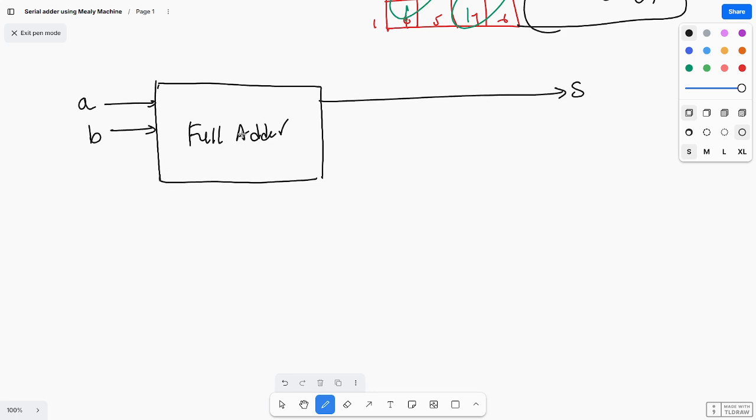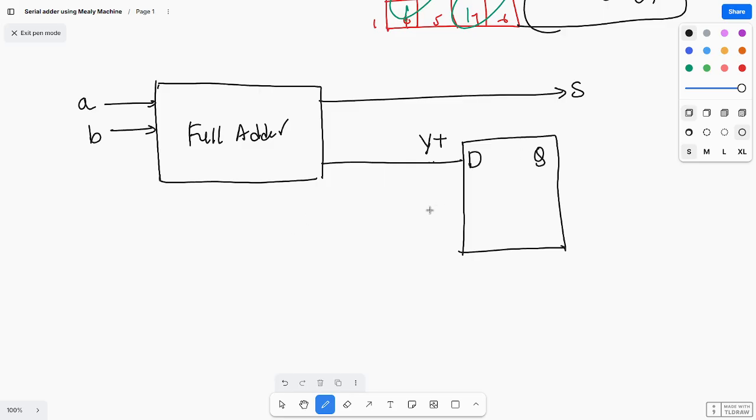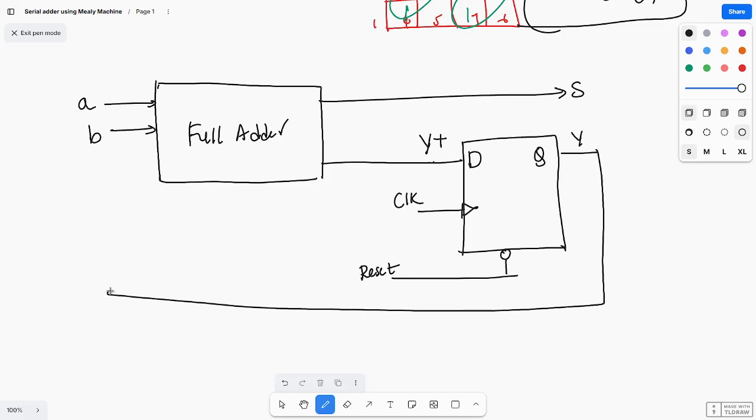Here let us take Y plus, the next state, and I am connecting it to the D input of a D flip flop. So this is D and Q, and I am giving the clock and an asynchronous active low reset. This is my present state, which will be fed back to the input.